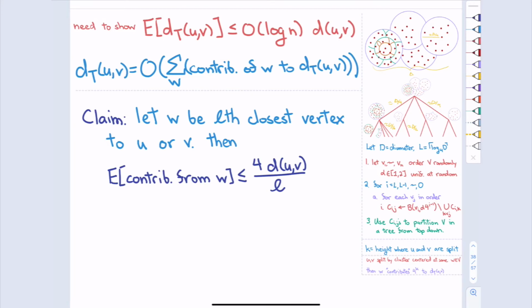So let's say that W is the Lth closest vertex. The claim is that the expected contribution from W to the distance is at most 4 times the actual distance divided by L. In other words, the vertices that are further away from u and v, we expect to contribute less to the distance. It makes some intuitive sense because you would think that the vertices that are very close to u and v are more likely to scoop them out. But of course, that's not even close to a full argument.